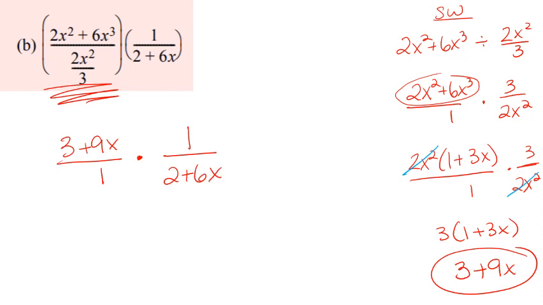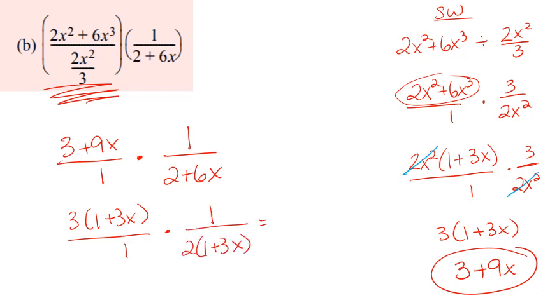Here I'm going to factor out the GCF again. So that's 1 plus 3x over 1 times 1 over 2 times 1 plus 3x. And I'm glad that I did, because what happens is the 1 plus 3x's will divide out, and I'm left with 3 over 2.